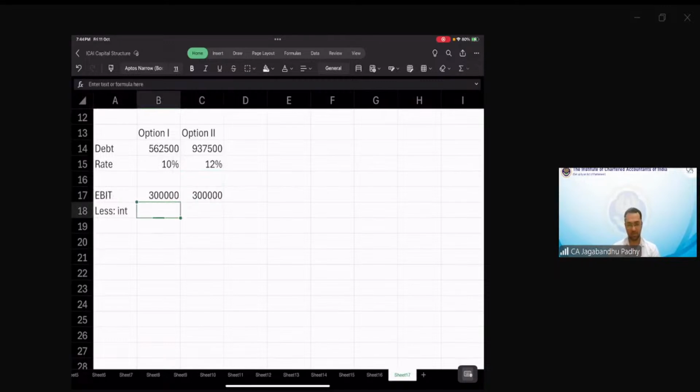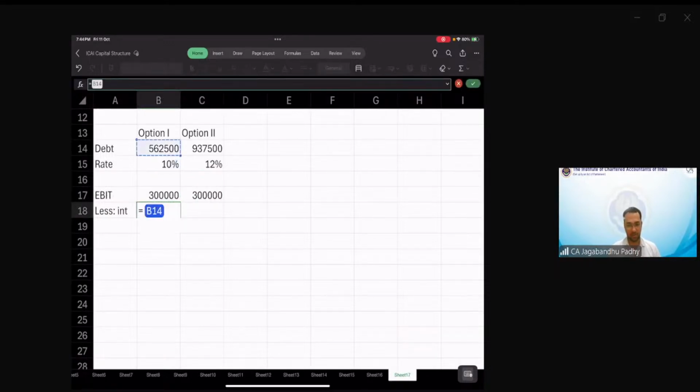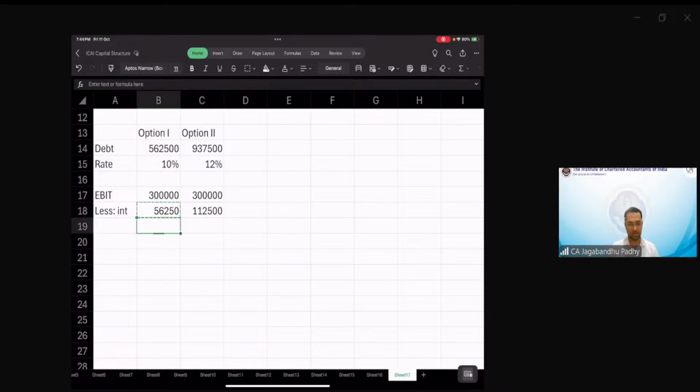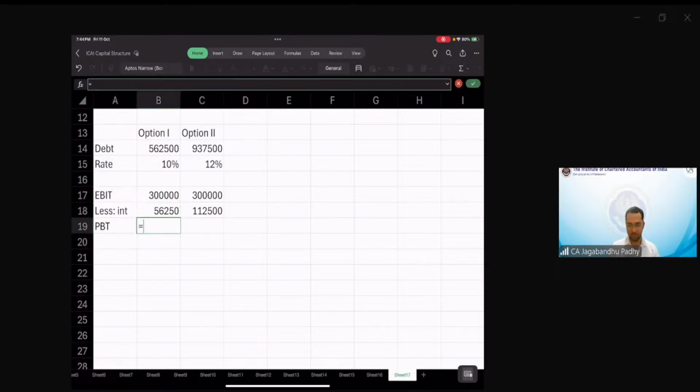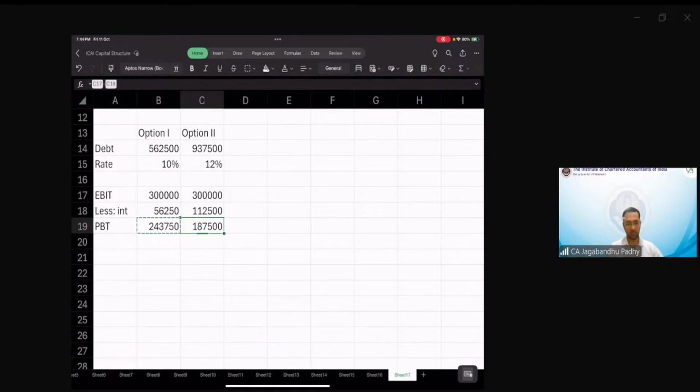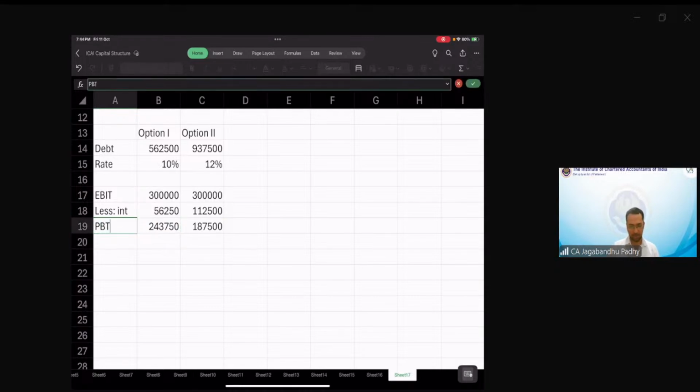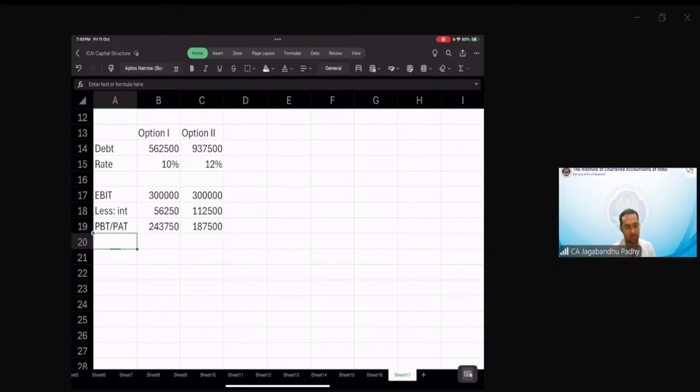So interest will be simply the debt multiplied by the rate of interest. And then we get the profit before tax, which is 3 lakh minus 56,250. Since there is no tax applicability, PBT and PAT both are one and the same.